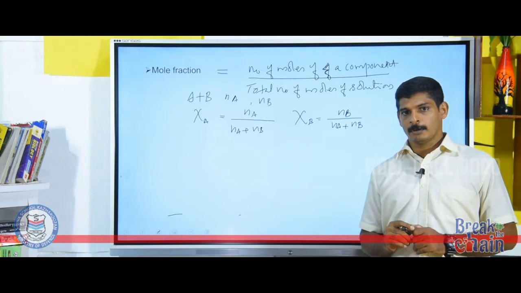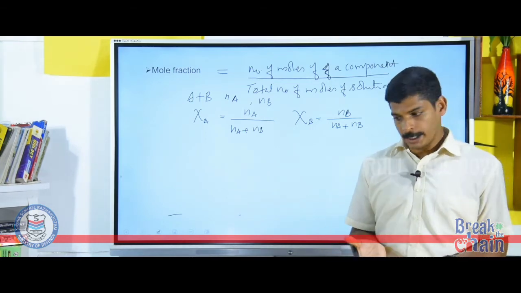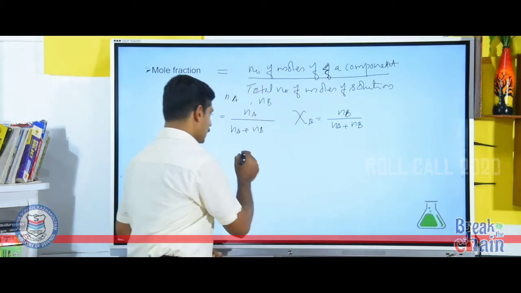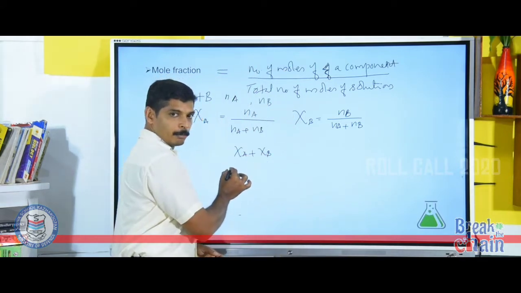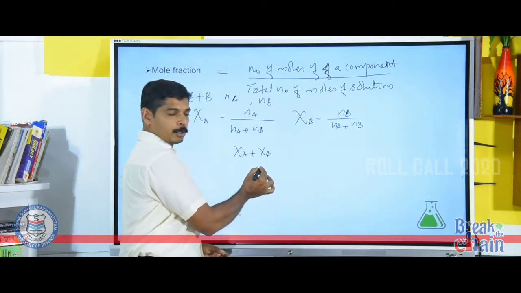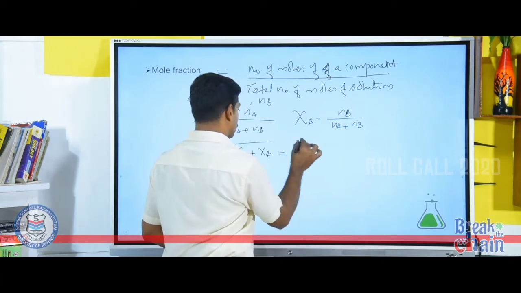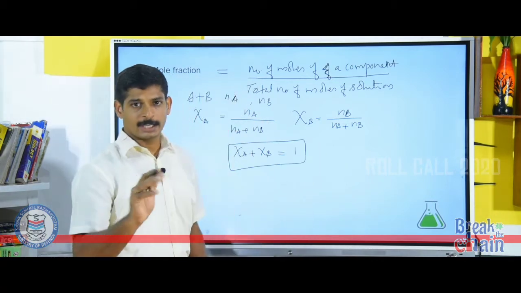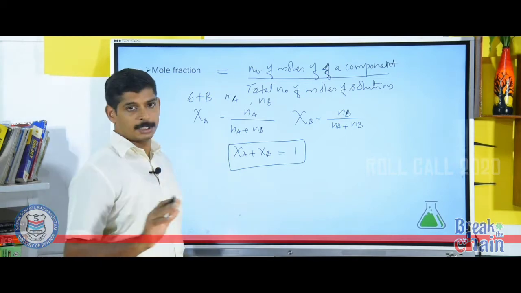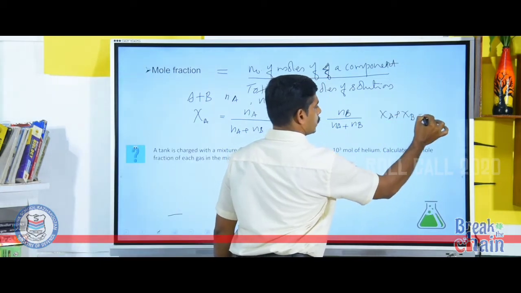What is the sum of all the fractions? It will make a whole, right? So, you can write chi A plus chi B, that is mole fraction of component A plus mole fraction of component B, will be always 1. Good. So, the concept of mole fraction, I hope it is clear to you, right? Chi A plus chi B is equal to 1.